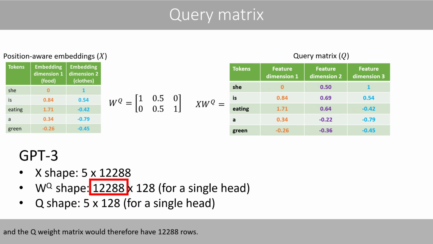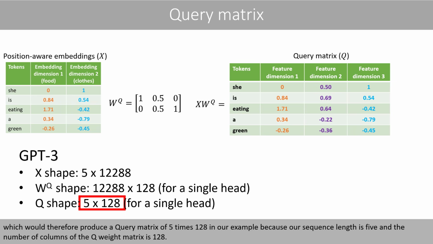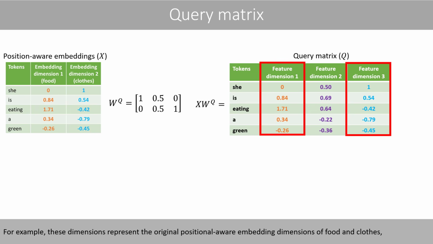And the Q-weight matrix would therefore have 12,288 rows. The Q-weight matrix for a single head attention had 128 columns in GPT-3, which would therefore produce a query matrix of 5 times 128 in our example, because our sequence length is 5 and the number of columns in the Q-weight matrix is 128.